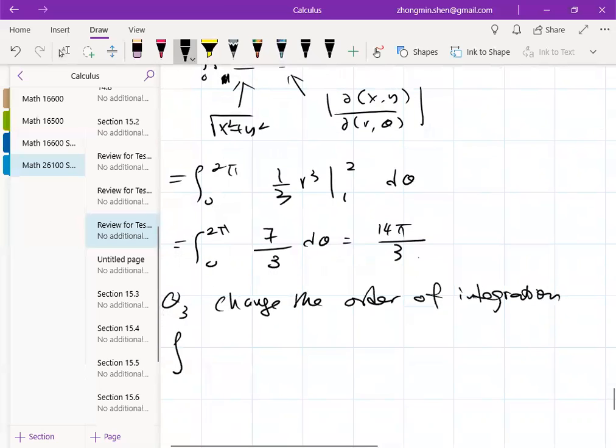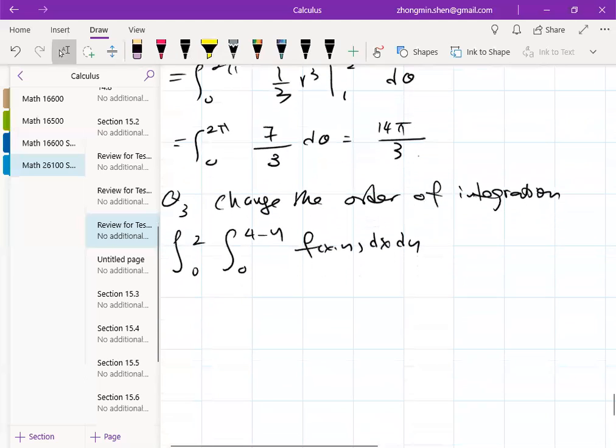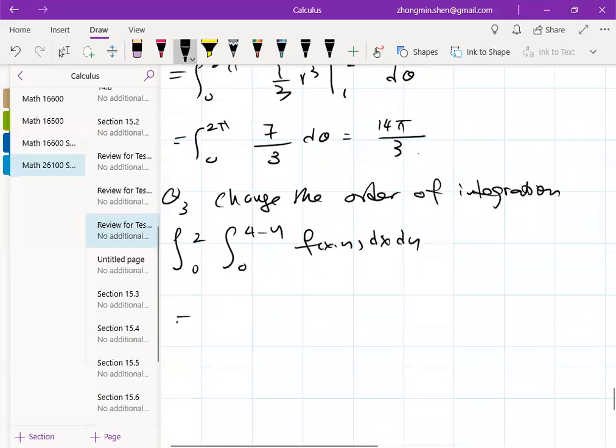So you already have the iterated integral, but you have to figure out the double integral it comes from. The question is, what is this double integral? Then you change the order.